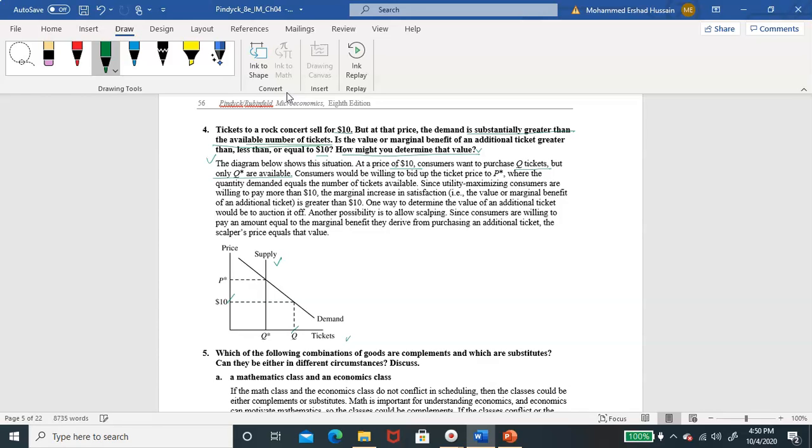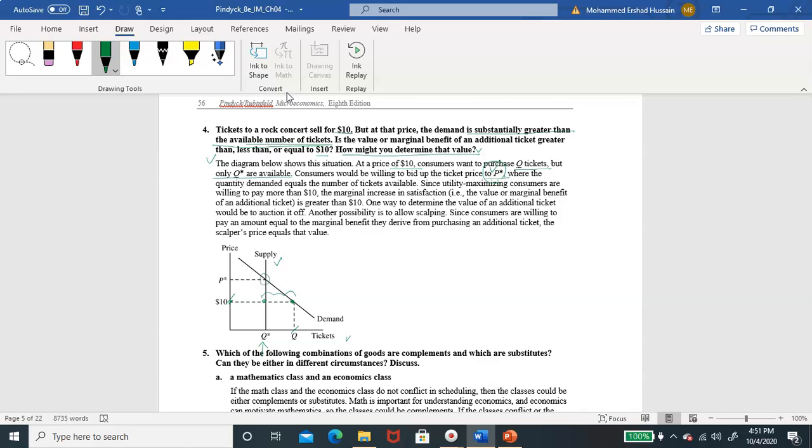Look at that supply curve. It is vertical, which means that when price changes, supply doesn't change. It remains fixed at Q star. Consumers would be willing to bid up the price to P star. At the price of 10, there is a shortage here. So consumers will bid against one another and put pressure on price to increase until P star.